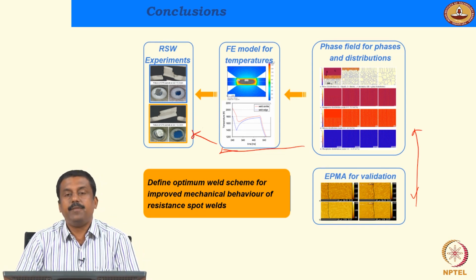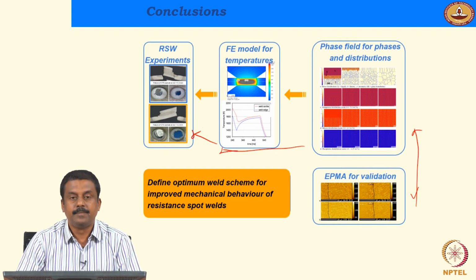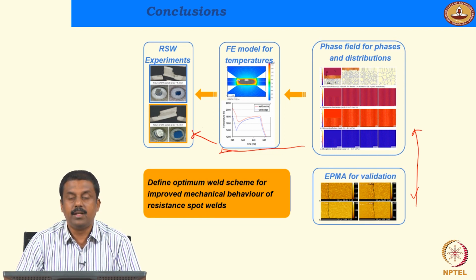The lesson I want to give you is, it's very important to understand the physics and metallurgy of advanced iron steels. By understanding the physical metallurgy and the fundamentals of the alloying elements' behavior, the welding thermal cycles can be identified to weld these steels, and we can achieve the best weld from these advanced iron steels, by carefully understanding the microstructure evolution and the correlation between the weld thermal cycle and the microstructure.